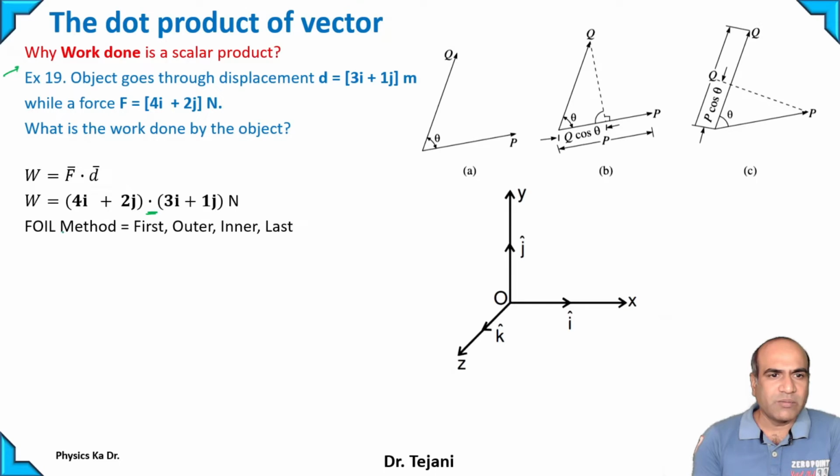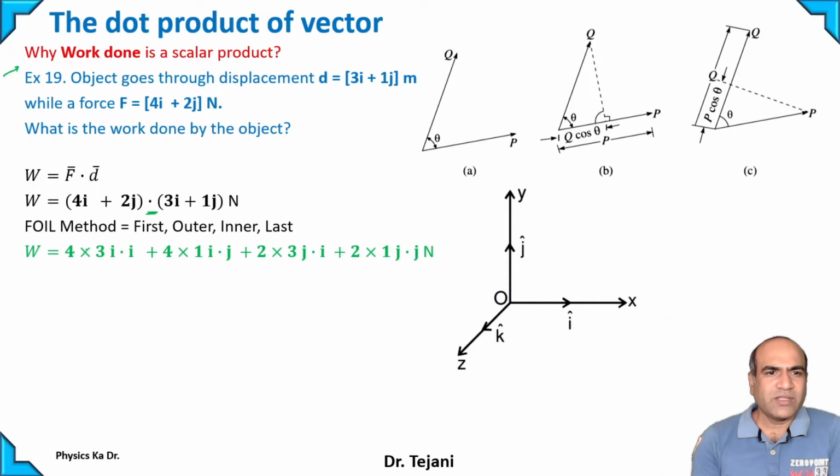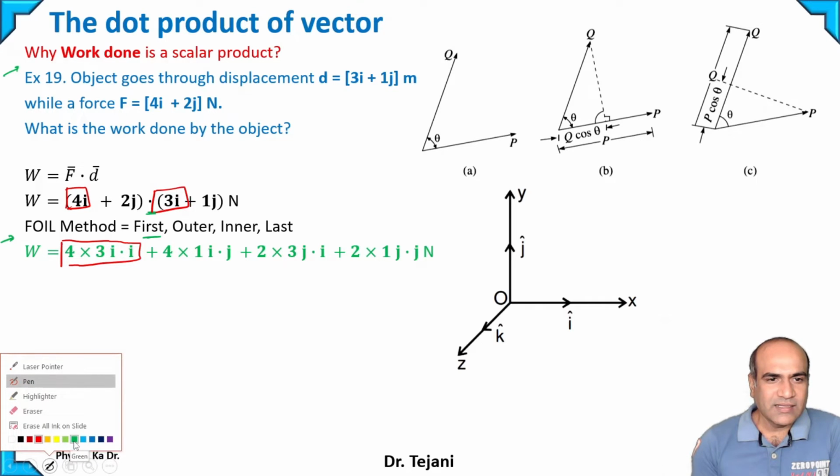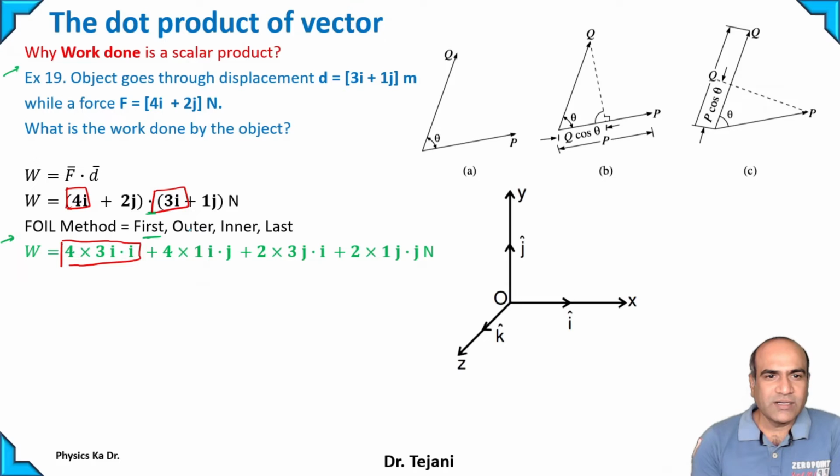So 4 multiplied by 3. We know that this method we already studied, right? The FOIL method we already studied. The first, that means the first is to be multiplied first. Then next is outer.